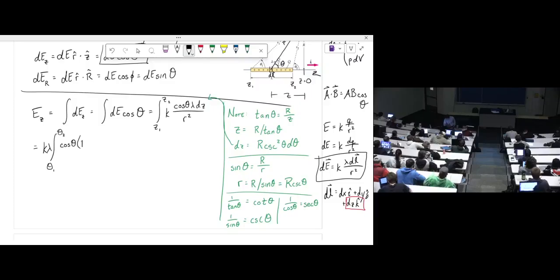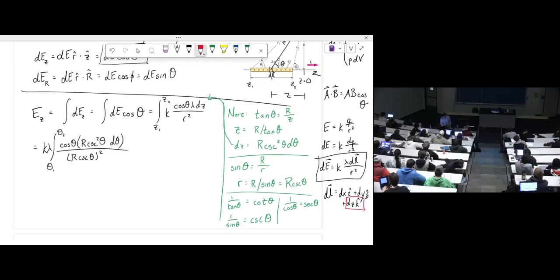Well, we said dz is big R times the cosecant squared of theta d theta, all divided by little r squared, which we said was big R cosecant theta squared.